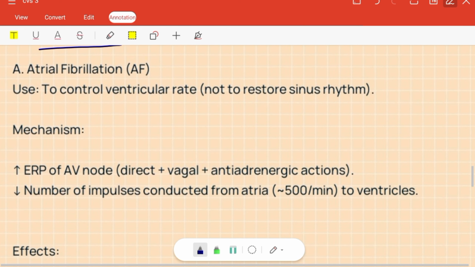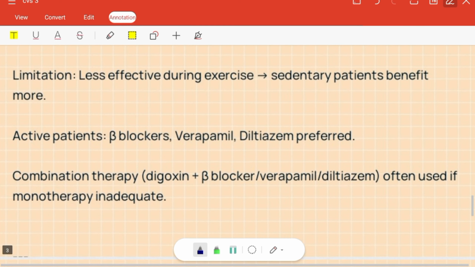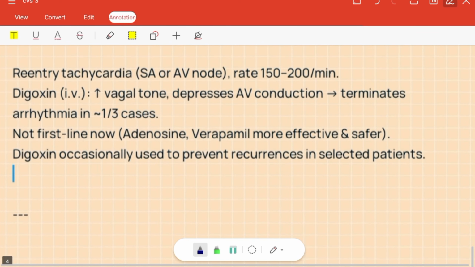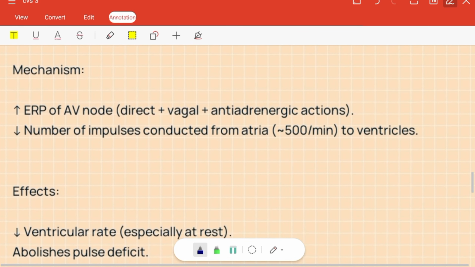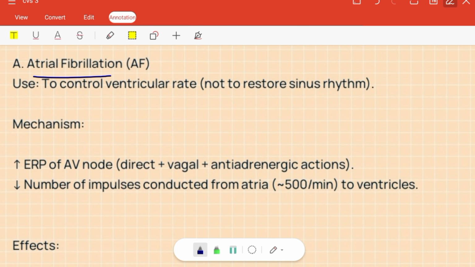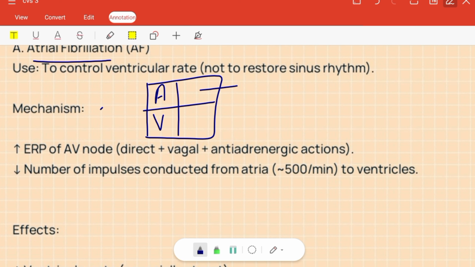Next is cardiac arrhythmias. First we have atrial fibrillation, next we have atrial flutter, and at last we have supraventricular tachycardia. In all these cases we have the same mechanism, which is an increased effective refractory period of the AV node, so that causes a decreased number of impulses conducted from atria to the ventricles. In the atrium we have the abnormal rhythm.